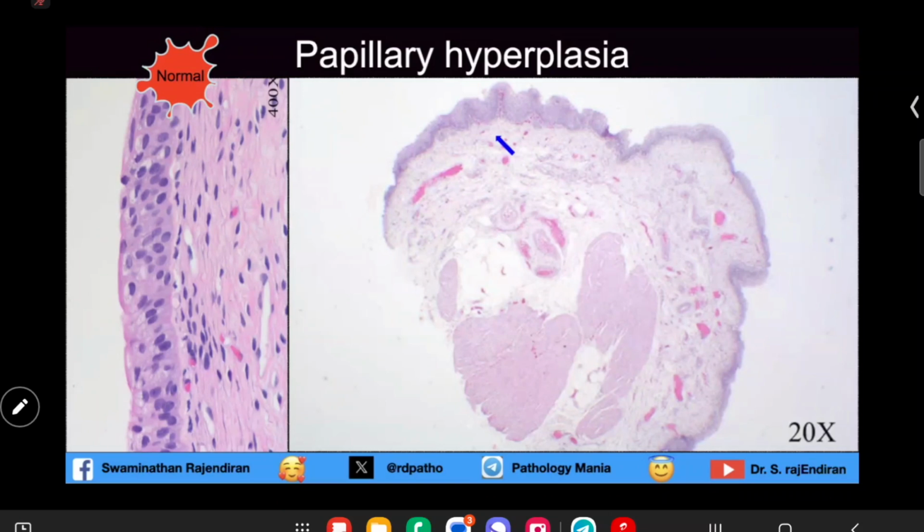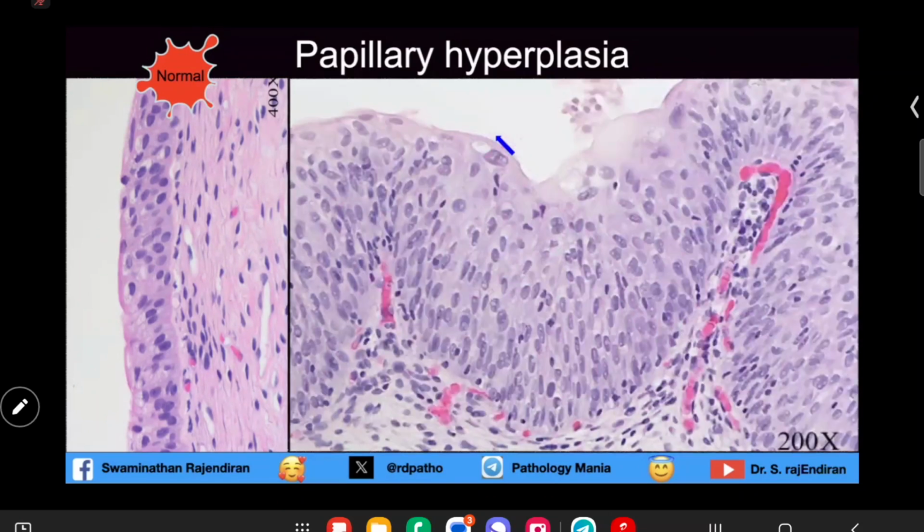There is no papillary process. And when you go to high power, they will be normal with some inflammatory cells infiltrating into them. It may be neutrophils or lymphocytes. So papillary hyperplasia is normal urothelium thrown into knuckles or papillary foldings without fibrovascular core.